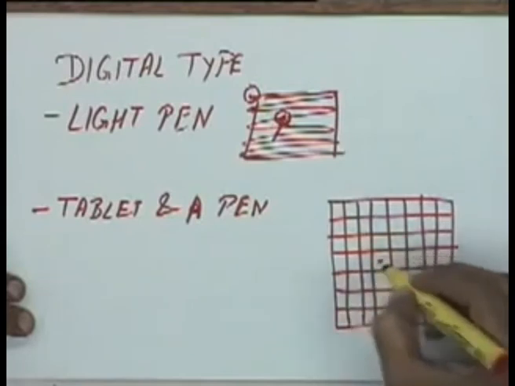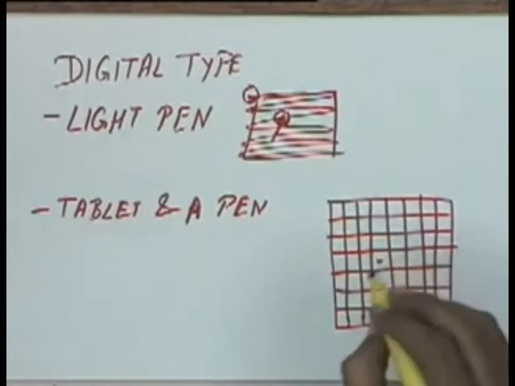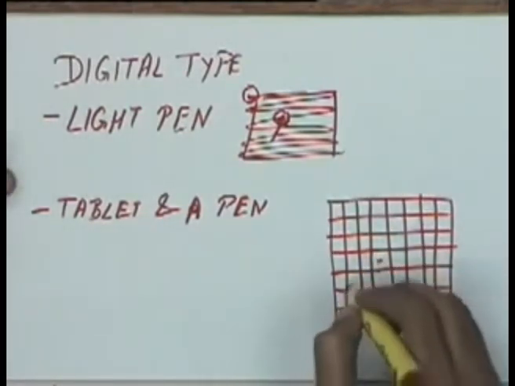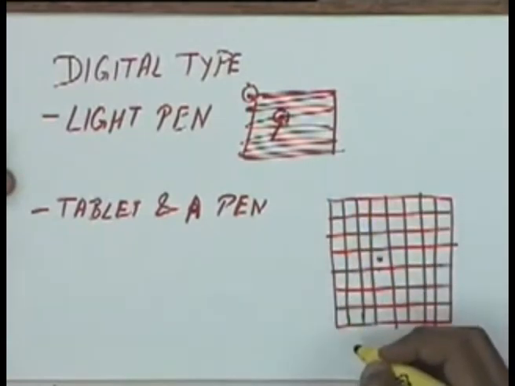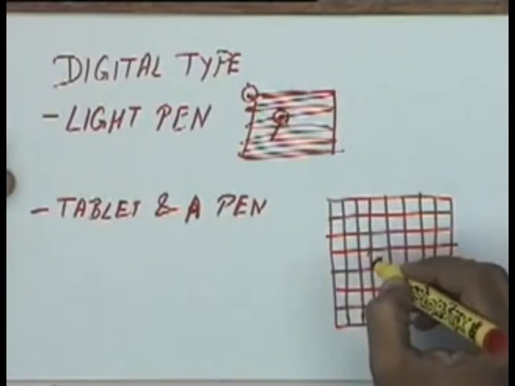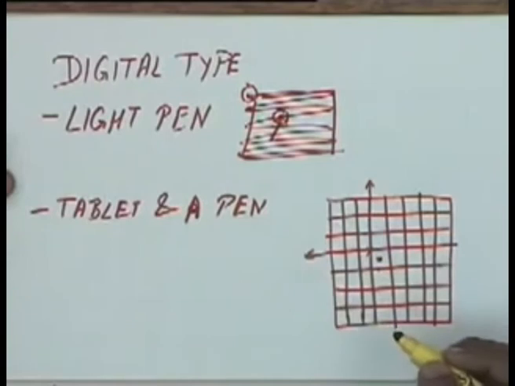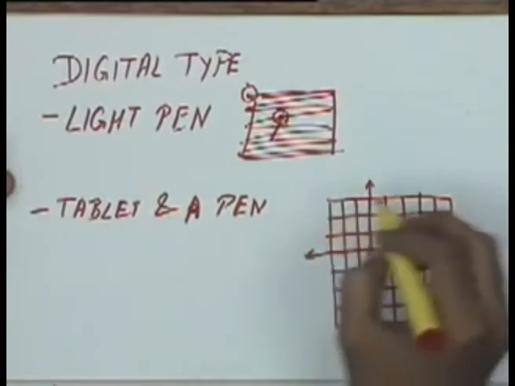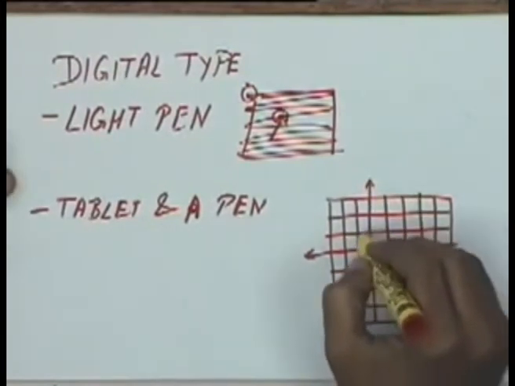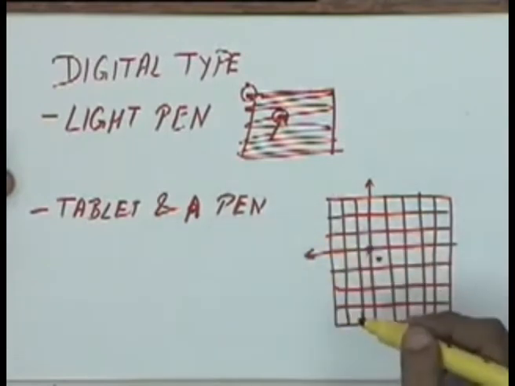If the pen is located at this point, it is emitting a signal at a radio frequency. That signal is picked up by these wires, but the intensity of the signal picked up by each wire will be different. Let us say the pen is at this location, the intensity will be highest for this wire and for this wire. As a result, the intensity of the signal available at each of these wires can be used to calculate the exact position of the cursor of the pen.